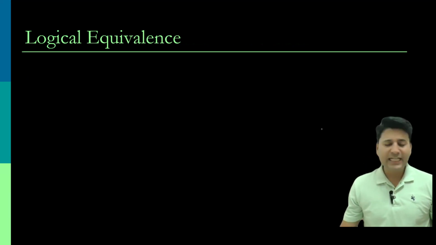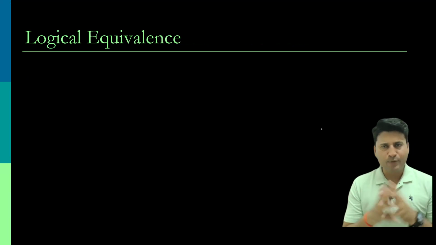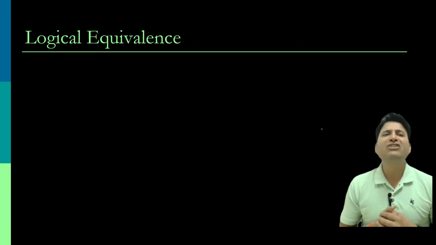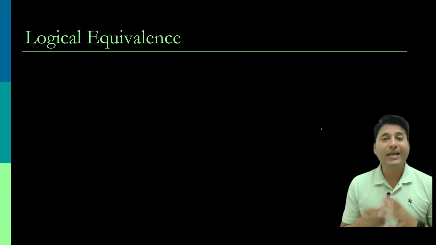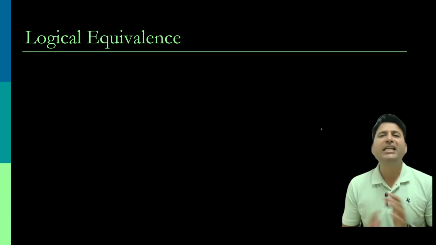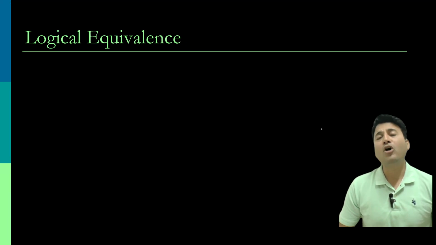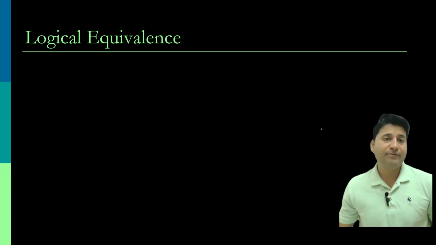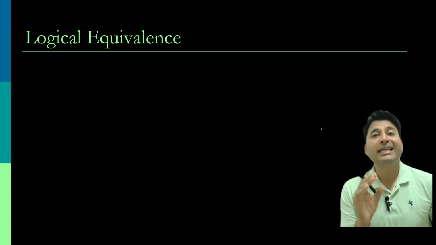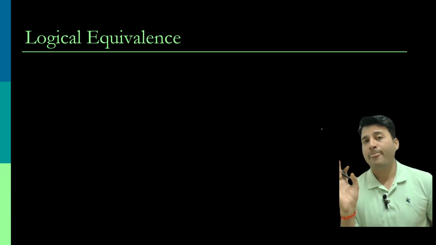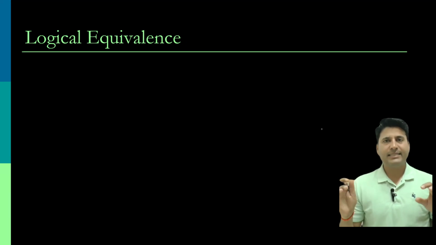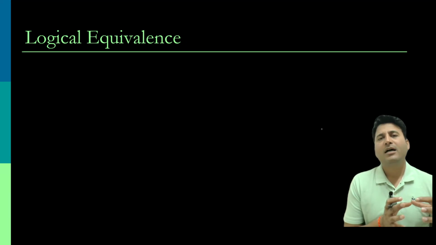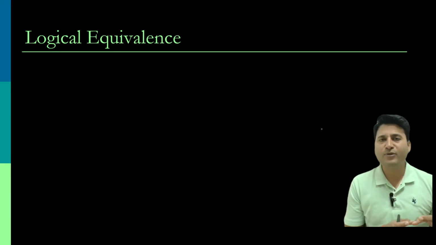Okay. Now logical equivalence means what? We have two propositions and we are supposed to check whether they are equivalent or not. Not exactly equivalent, but logically equivalent or not. In terms of logic, we call two propositions logically equivalent if they give the same final output. There are two circuits. Circuit means a compound proposition, a combination of different propositions.